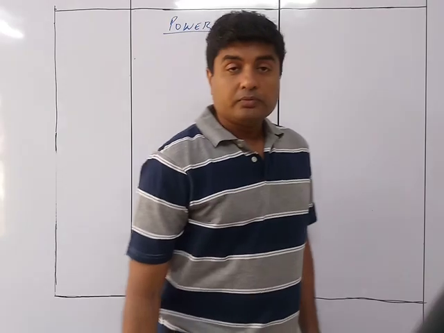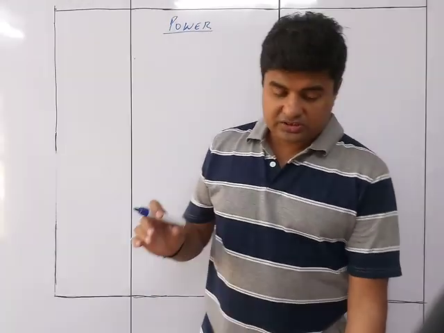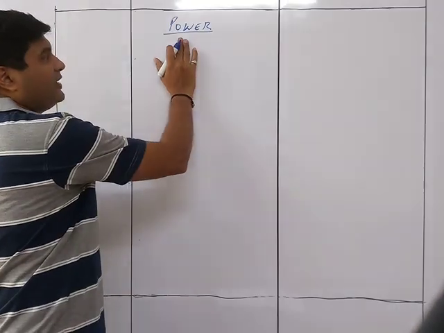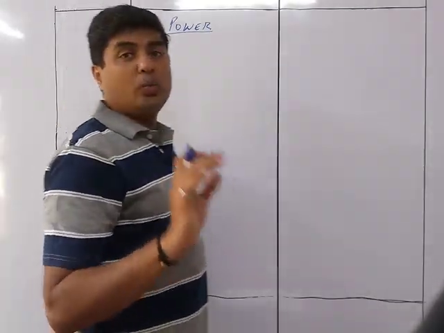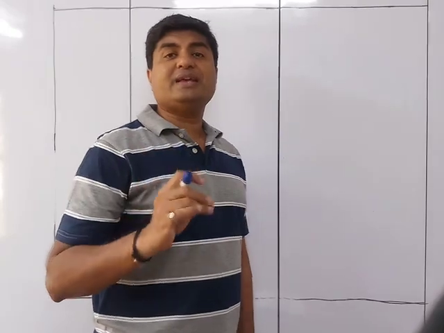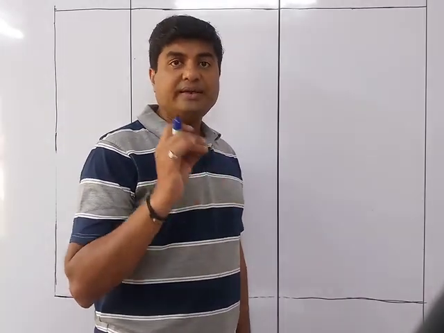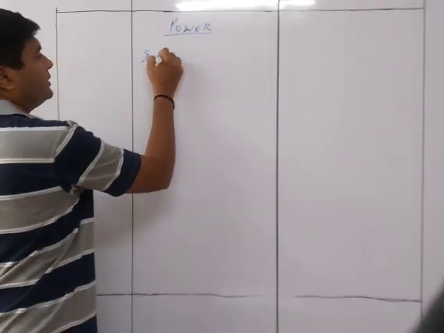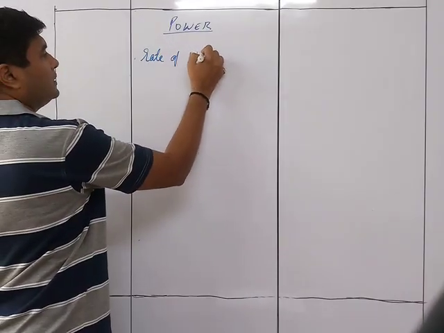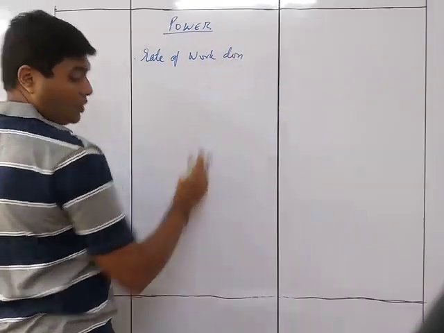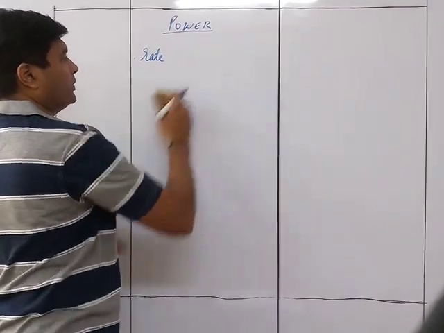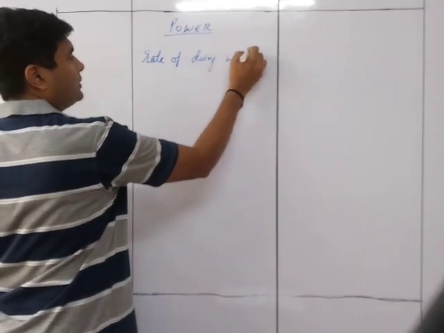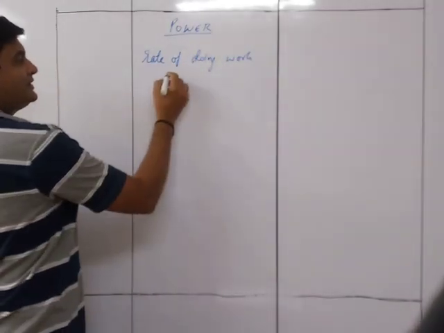Sorry, not capacity. Capacity to do work is energy. I just misplaced it, mistaken it. Power is the rate of doing work. How quickly the work is done is what power means. So power is the rate at which work is done, rate of doing work. It's a scalar quantity.